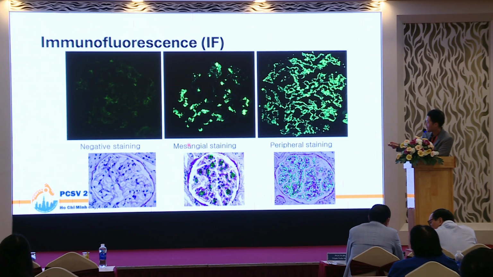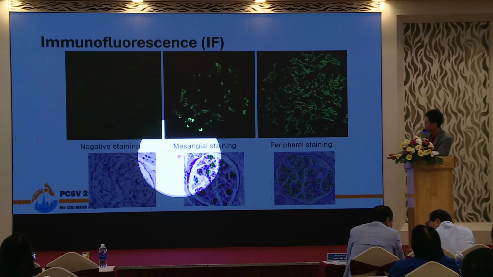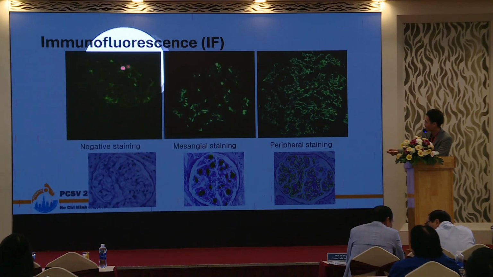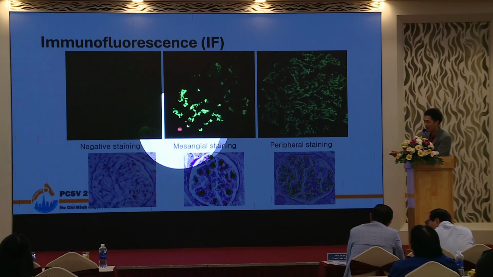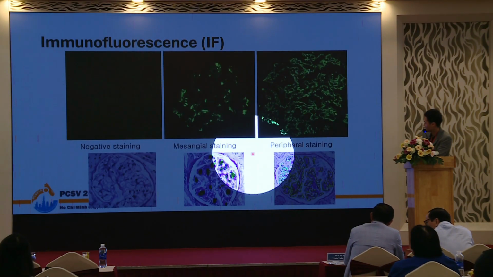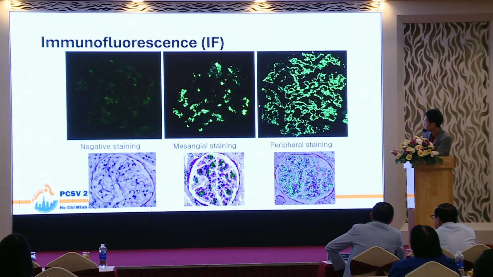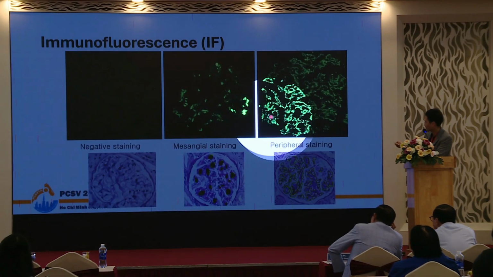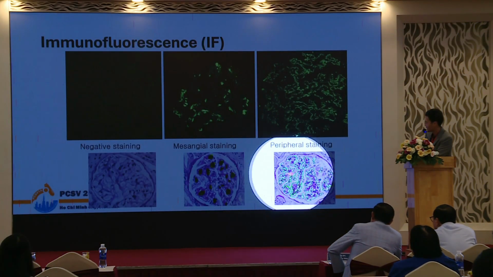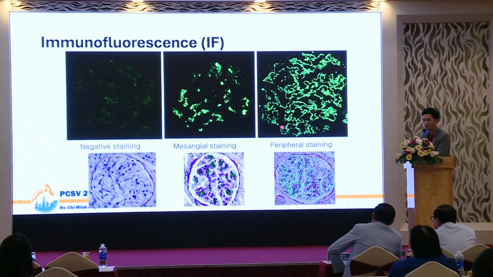So if we compare the glomerular structure in the IF, if we see this pattern in IF, we can say they are in the mesangium. Or if we see this pattern in IF, we can say they are along the capillary wall.